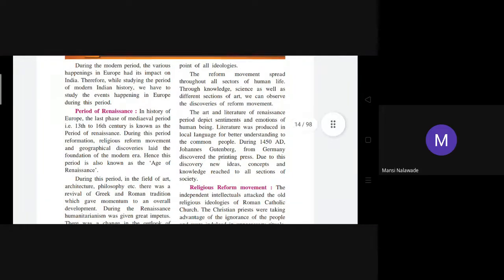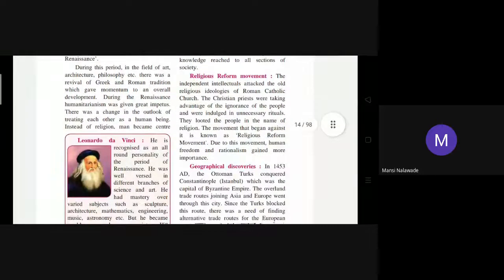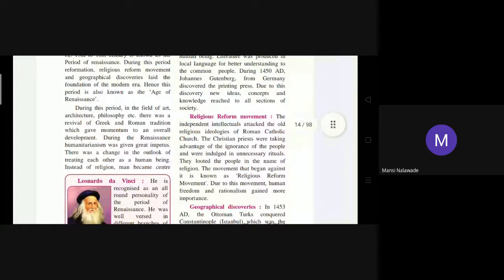Who discovered the printing press and when? Yes, Rudra, please unmute and answer.